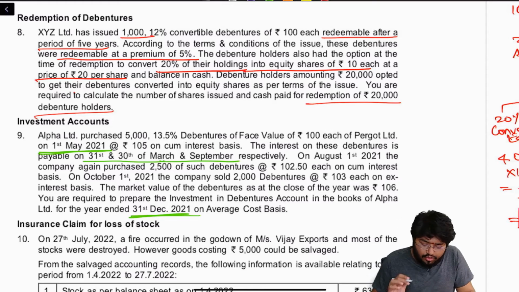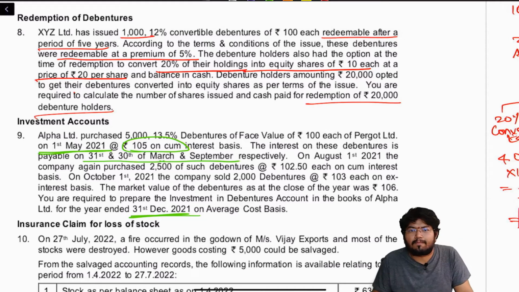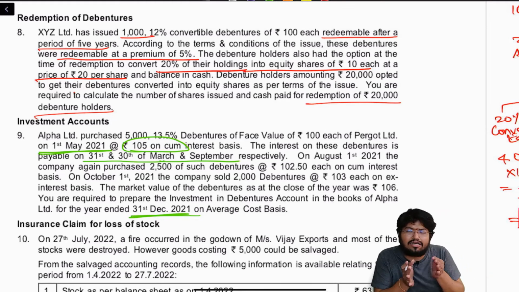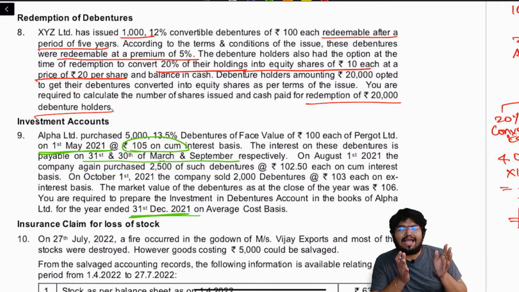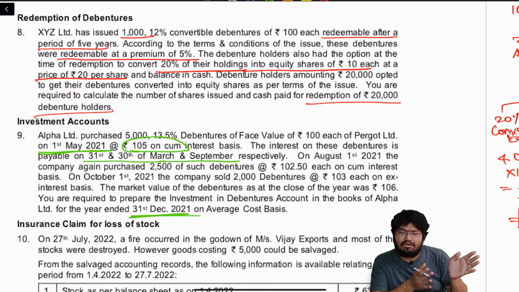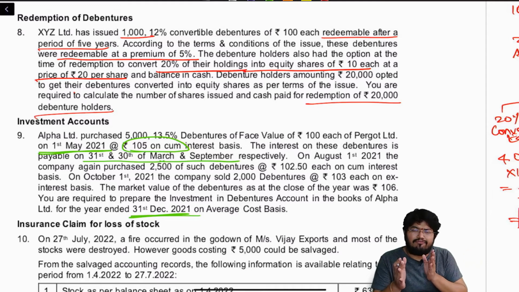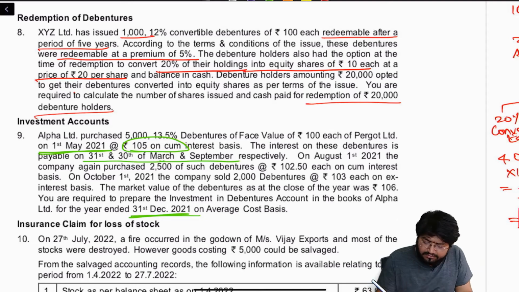But this fellow purchased at 105 cum interest. That means this is inclusive of interest. So I need to segregate the interest component out of this total purchase price and account for that separately in the interest column, and the amount of investment for the debentures in the cost column. Then interest on these debentures is payable on 31st March and 30th September.